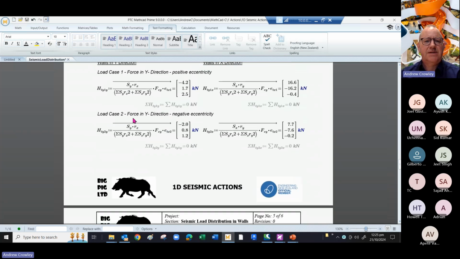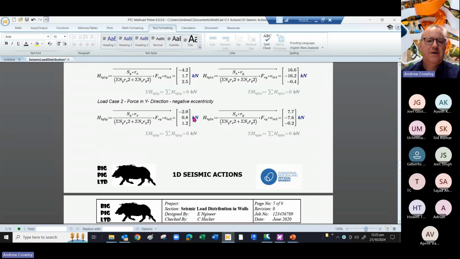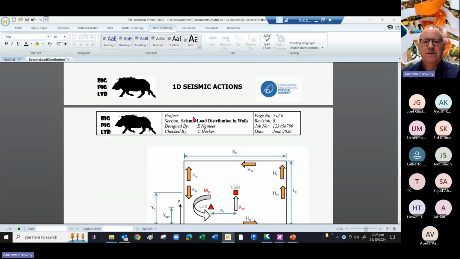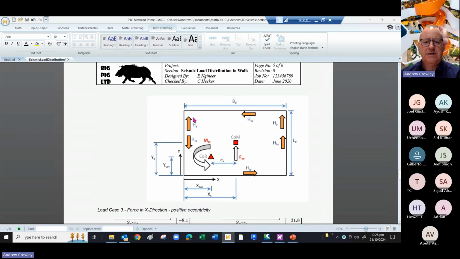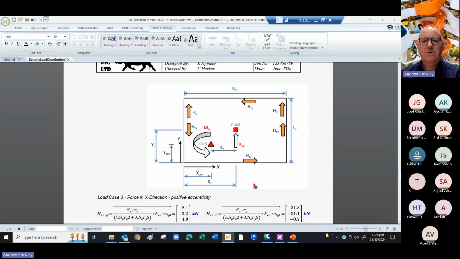Then we've got load case 2, force in the x direction with negative eccentricity. So those are those 2 load cases here, and that's where we've distributed the load applied in the y direction around the shear walls.